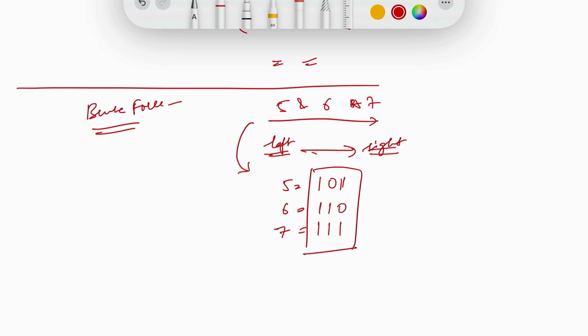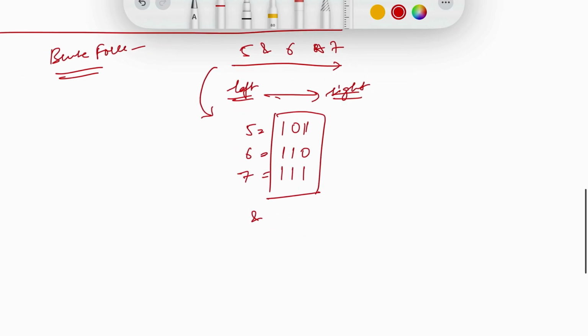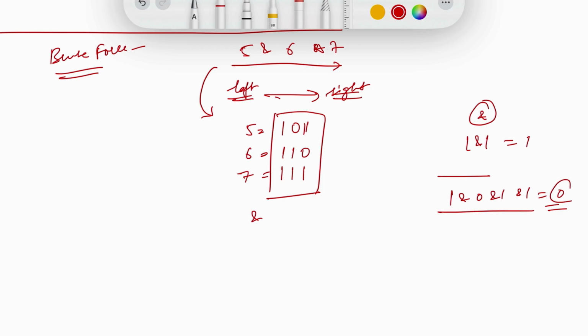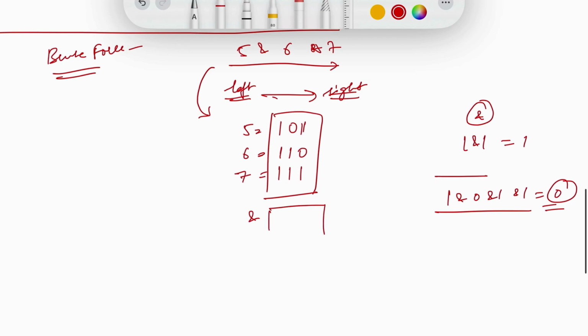Now if I take the AND of all of these values, what is the AND operator? Only if both values are 1, the result is 1. If any one of the values is 0, let's say 1 and 0, it is 0. All should be 1 to make the final output 1. So if I take the AND manually here, what will be the answer?